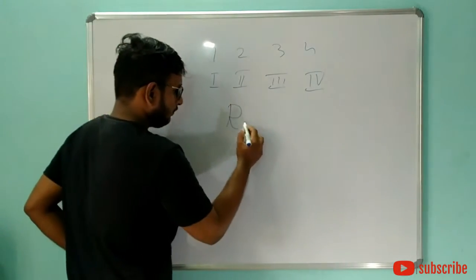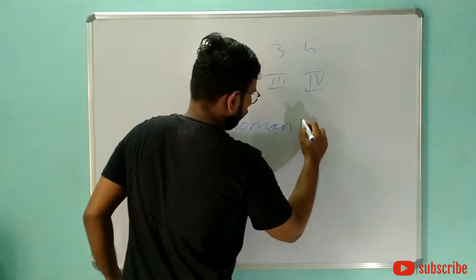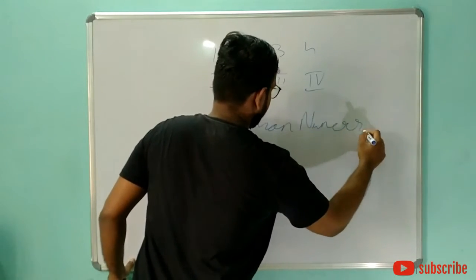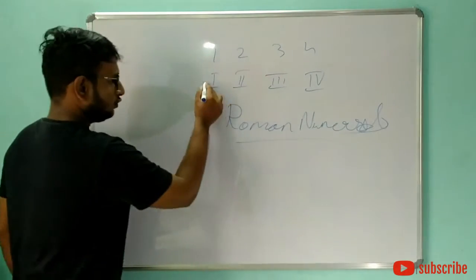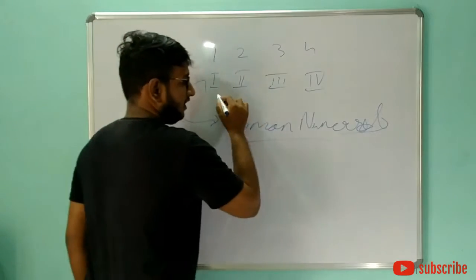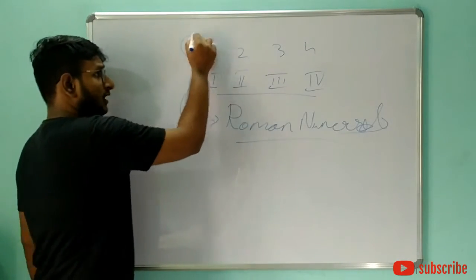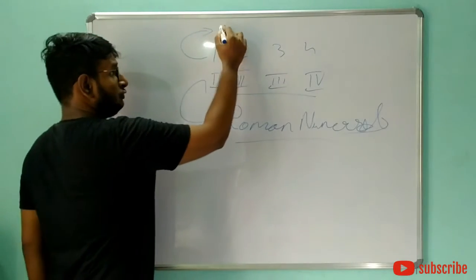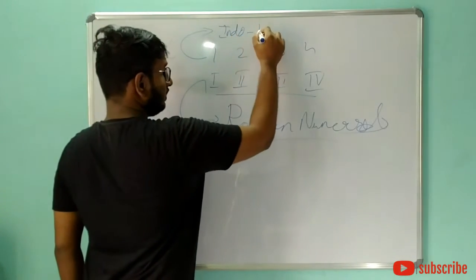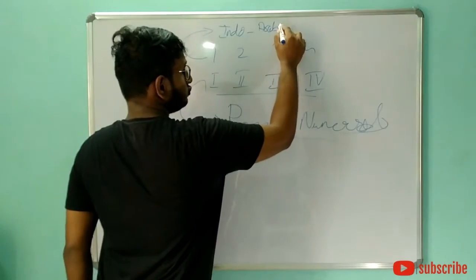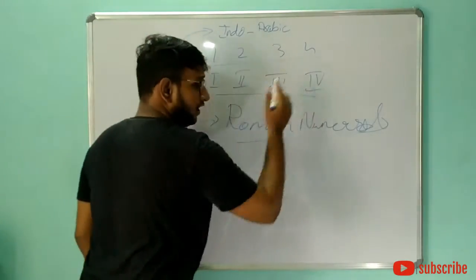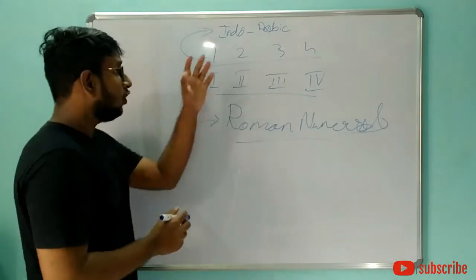So this format of numbers is known as Roman numerals. I also came across another term called Indo-Arabic numerals. So the numbers which we are using now are called Indo-Arabic numerals.